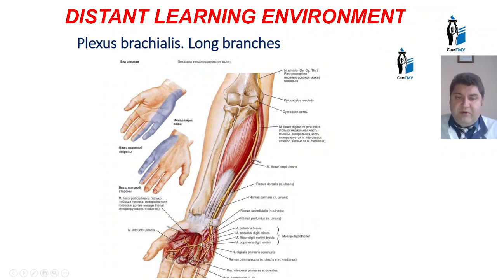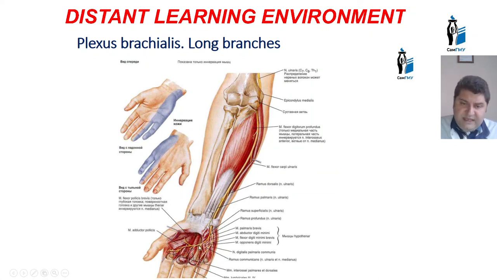Also, it gives branches for the interosseous muscles, musculi interossei palmares et dorsales, and also for the two medial lumbrical muscles here, but the two lateral lumbrical muscles take innervation from the median nerve.